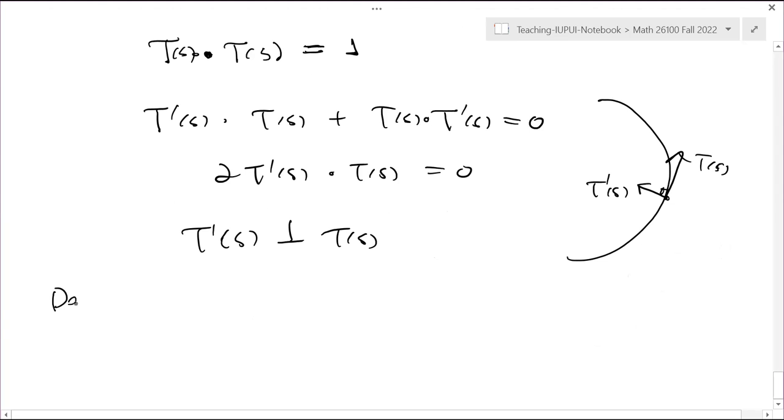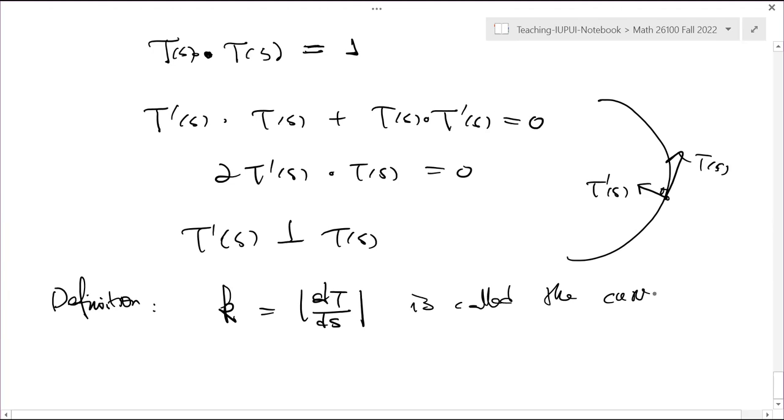So here's the definition. We define the length of this derivative to be the curvature. You understand this is a new quantity, the length, but it does not tell you the direction.